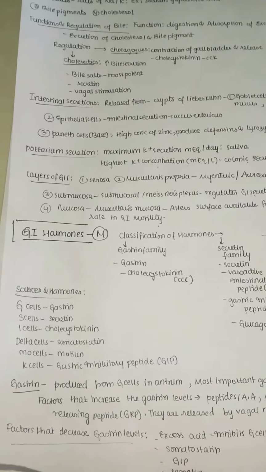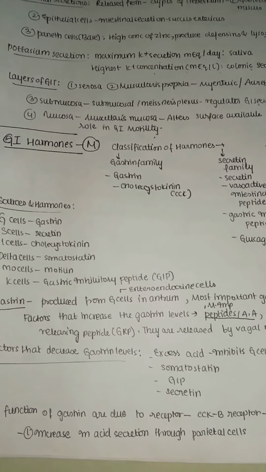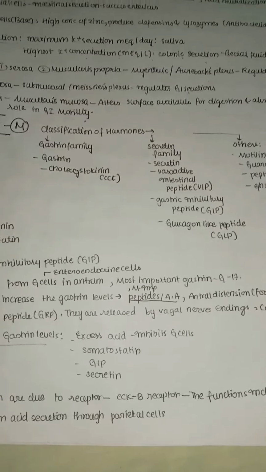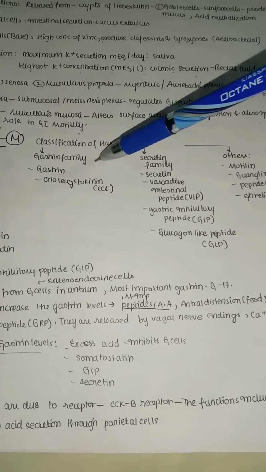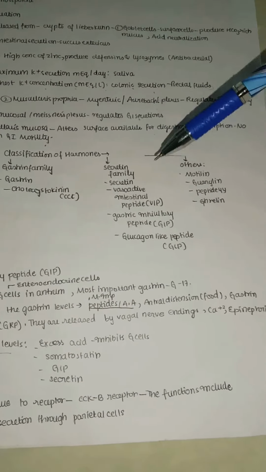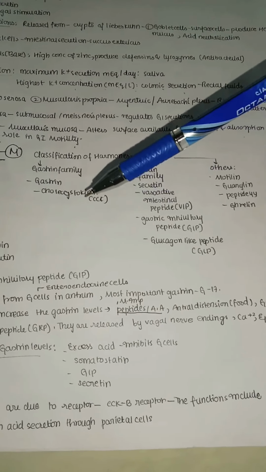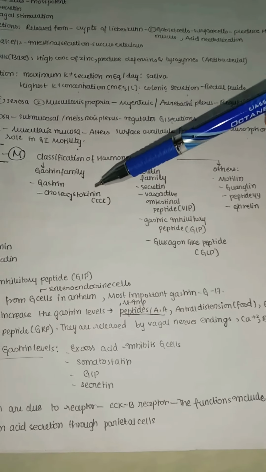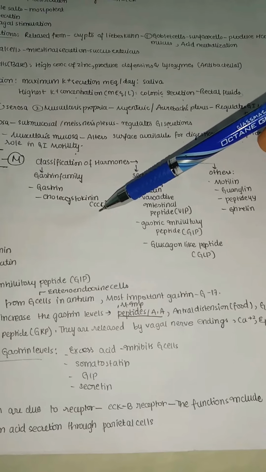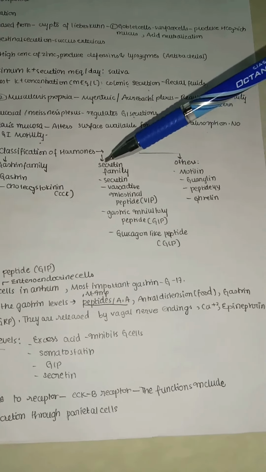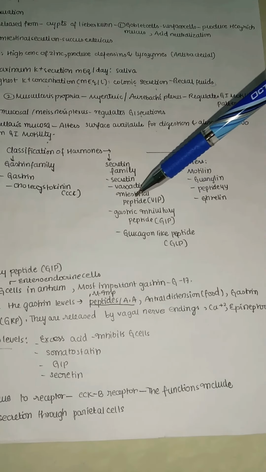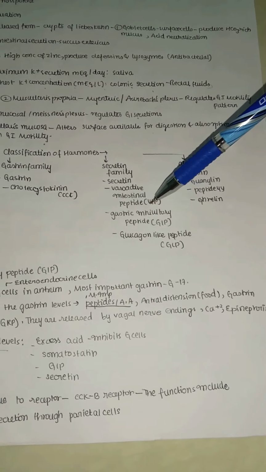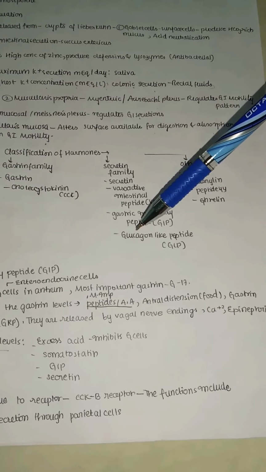And next we'll continue with the GI hormones. Let us continue with the gastrointestinal hormones. There are two main families of gastrointestinal hormones, the gastrin family and the secretin family, and also we have some other types of hormones. In the gastrin family, mainly we have gastrin and cholecystokinin, and in the secretin family we have secretin, vasoactive intestinal peptide, that is VIP, gastric inhibitory peptide, that is GIP, and glucagon-like peptide, GLP.